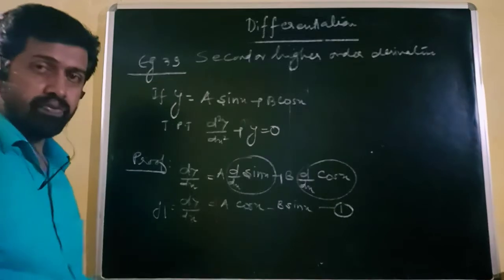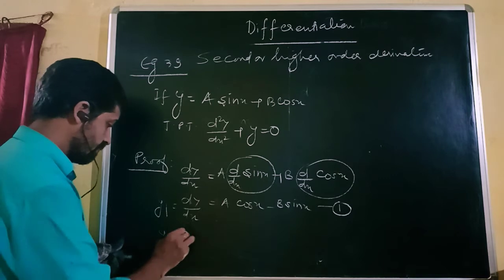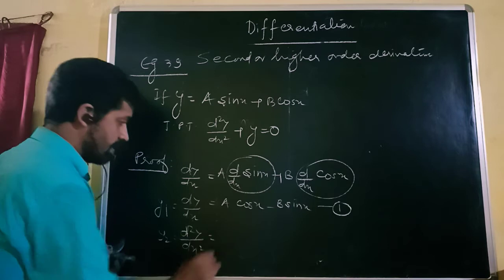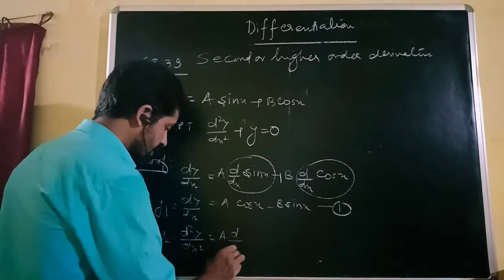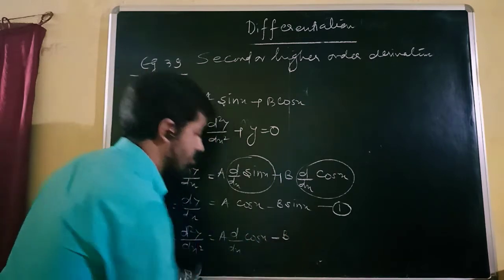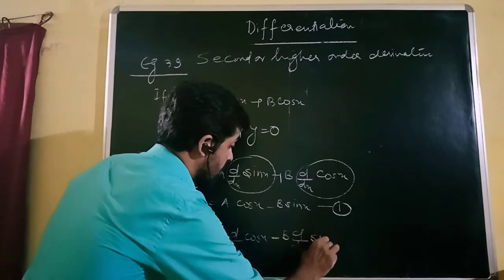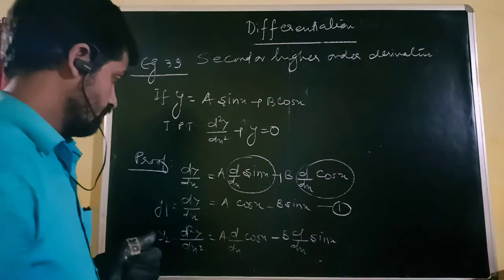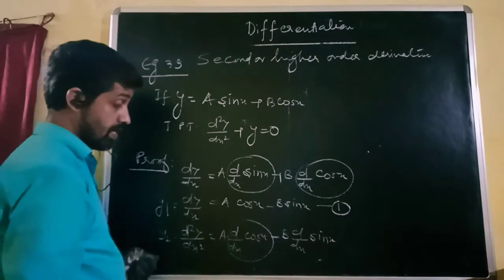Now we differentiate again, that means y2. So d square y upon dx square, again d by dx of a cos x minus of b, then d by dx of sin x. Now again the same thing, d by dx of cos x is minus of sin x.